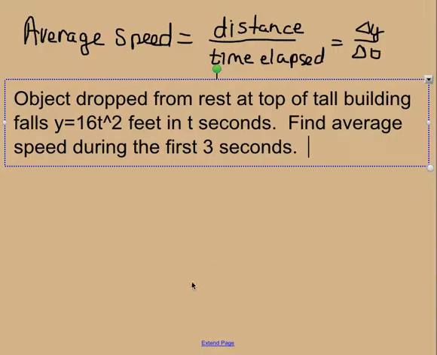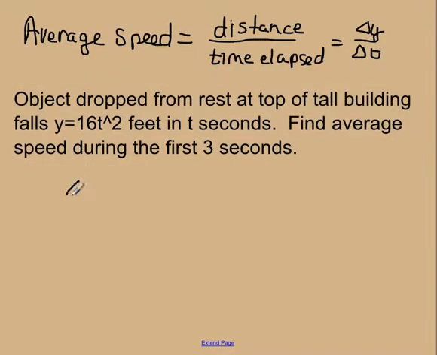Okay, so to calculate that, I'm just going to use this formula over here. I'm going to look at my change in y over the change in t. And we're looking at this function, 16t squared. So change in y, distance, is going to be 16 times the final time, 3 squared, minus the initial time, 0, so it's from 0 to 3.